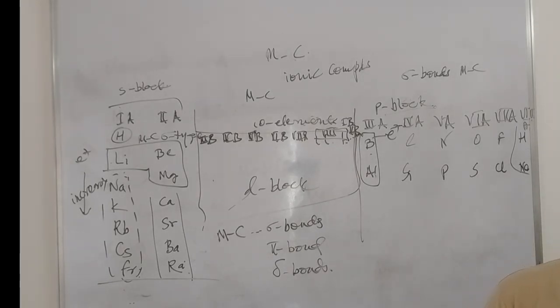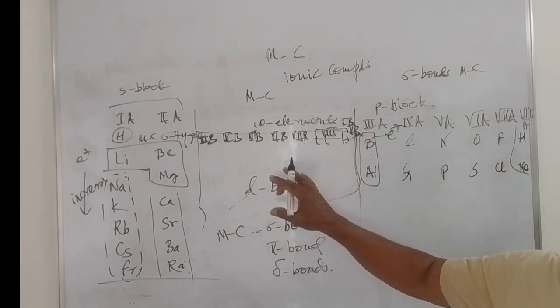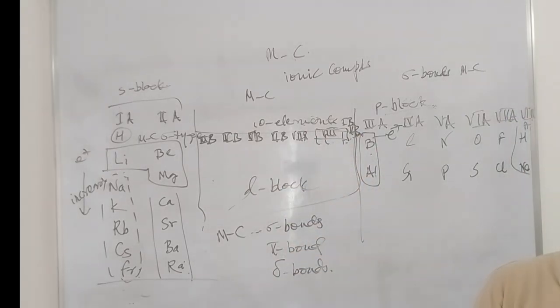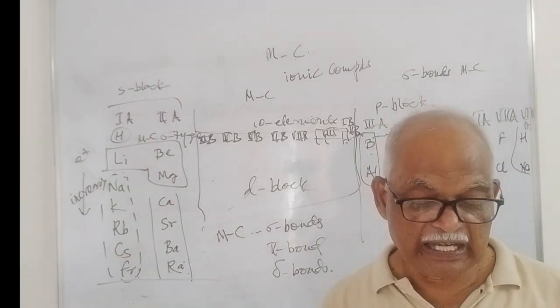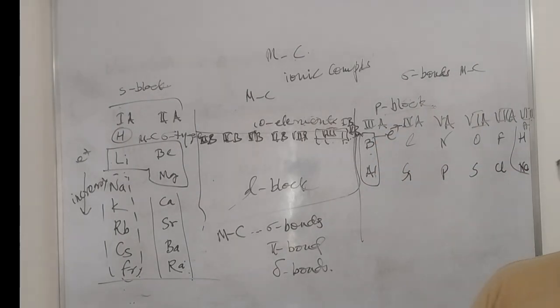Therefore, the organometallic chemistry of the main group elements and transition elements is separated in order to make the study convenient or easy. The chemistry of D block organometallics dominates over the main group elements.